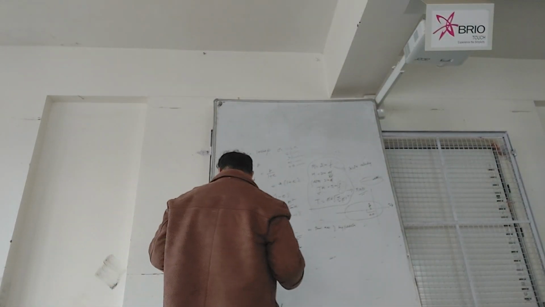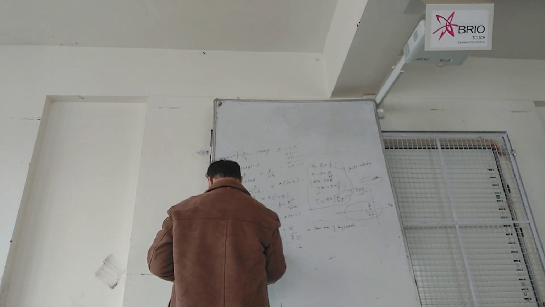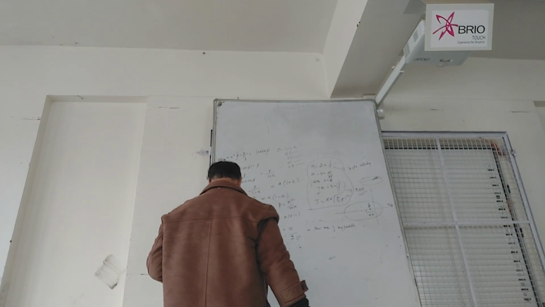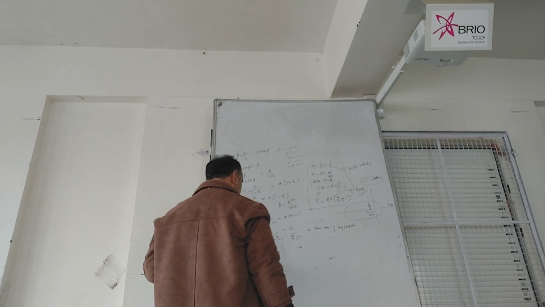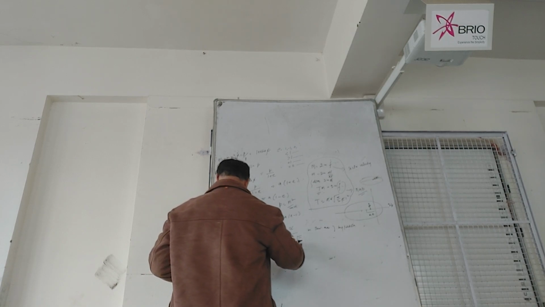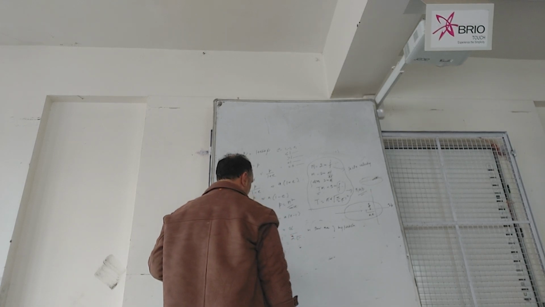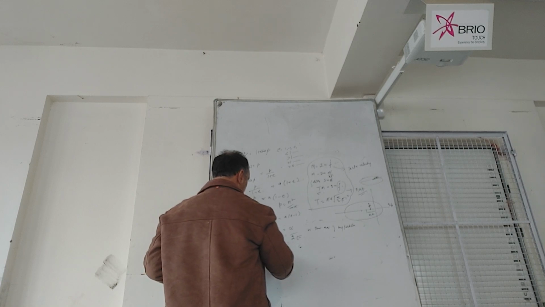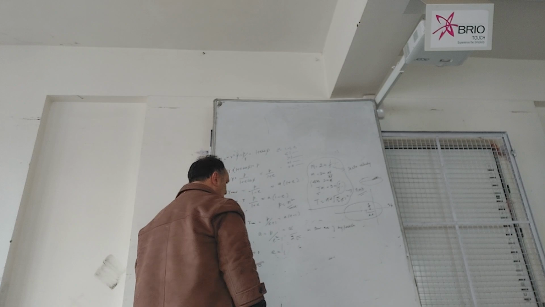And if eccentricity is equal to 1, if e is equal to 0, e is equal to 1. If e is equal to 0, then e will come equal to 1.